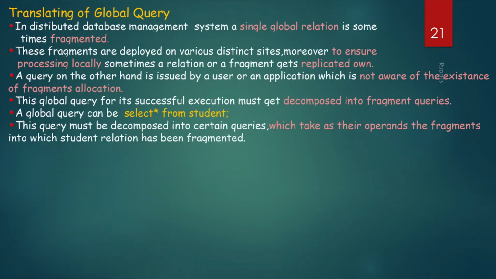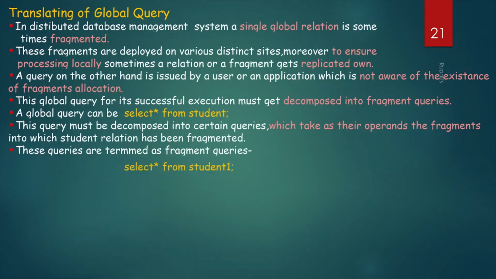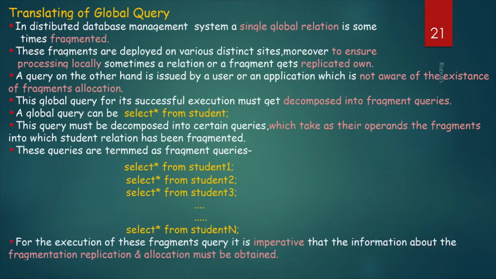So the fragment queries are select star from student 1, select star from student 2, select star from student 3, and in this way select star from student n. For the execution of these fragment queries, it is imperative that the information about fragment replication and allocation must be obtained.